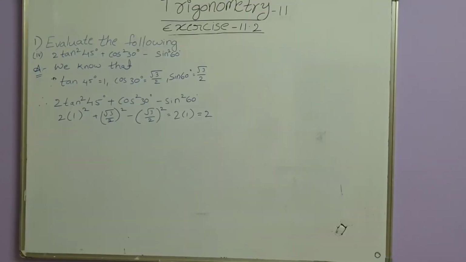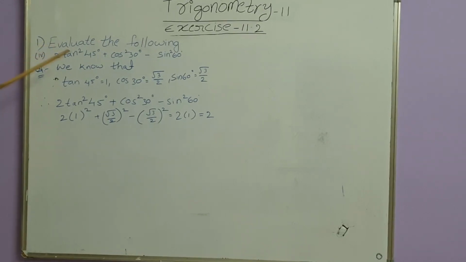In this fourth one, 2 tan square 45 degrees plus cos square 30 degrees minus sin square 60 degrees. We know these values: tan 45 degrees is 1, cos 30 degrees is root 3 by 2 and sin 60 degrees is root 3 by 2.